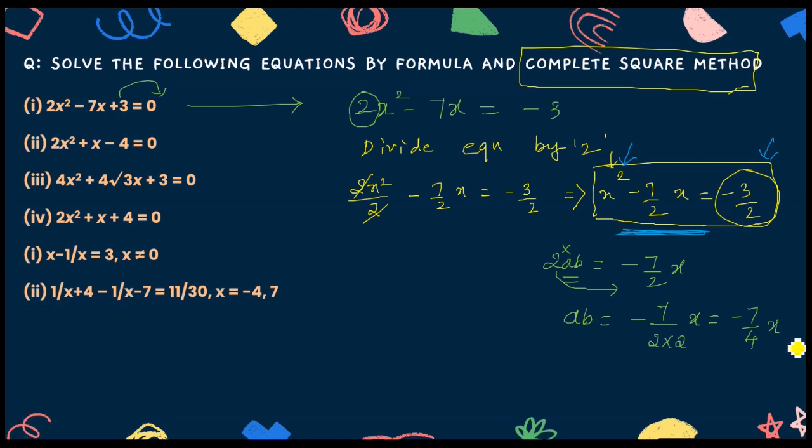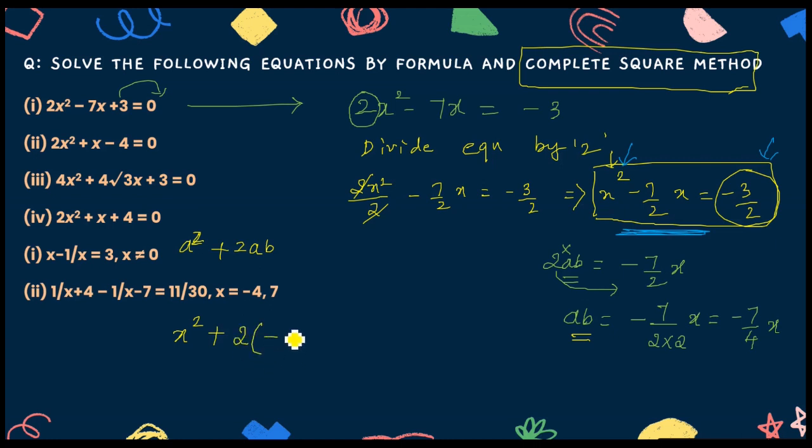So what we will do, very simple: 7 by 4. This is our ab term. In the formula, we have a square first, so I will write x square from the question. Then plus 2ab. As per the question I should write minus, but let me write plus only.